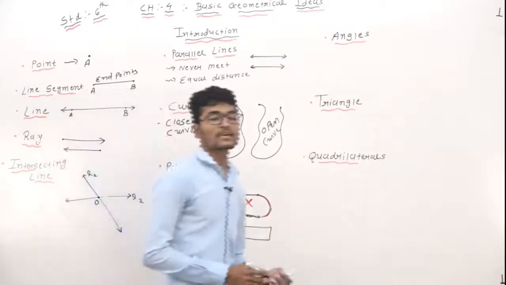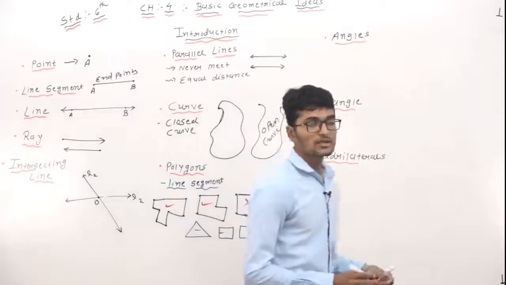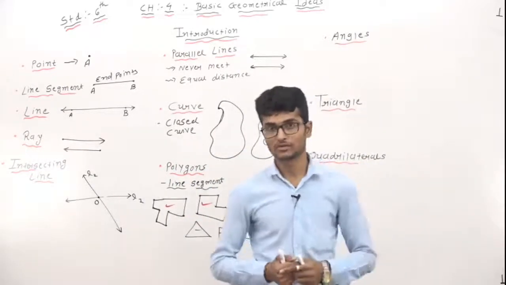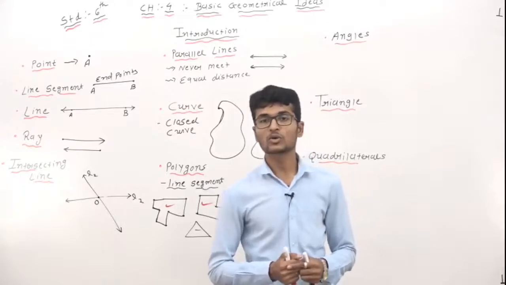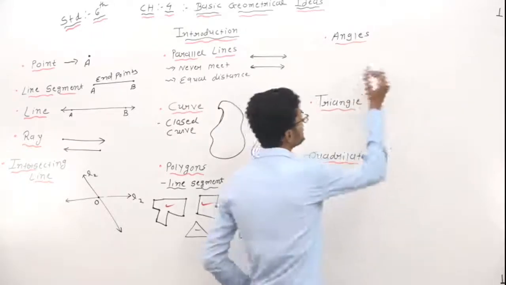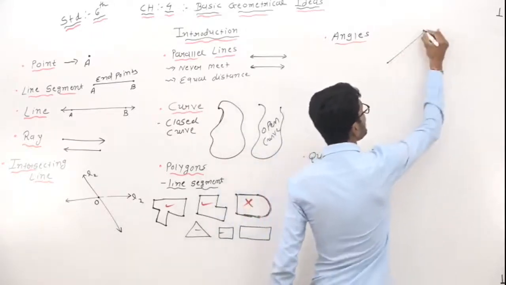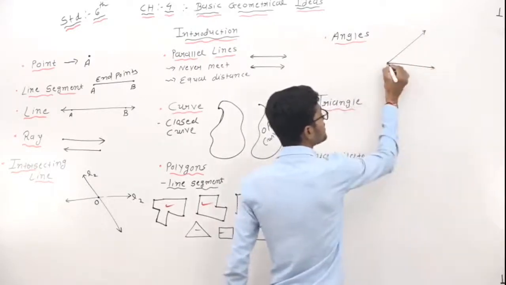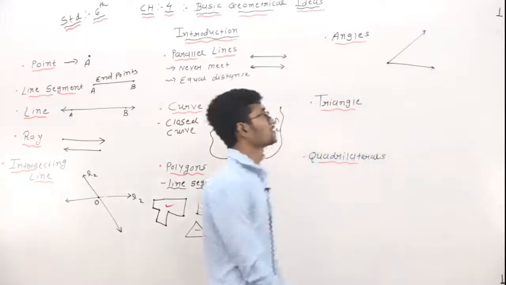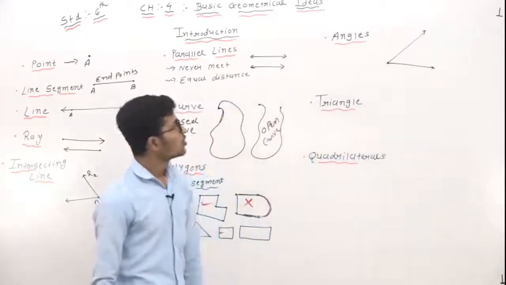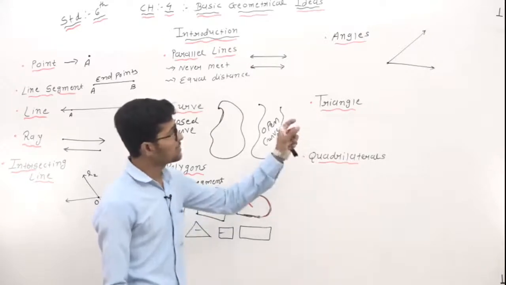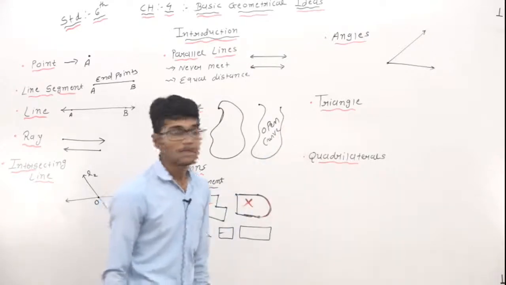Then after that, the angle. An angle means two rays intersect at one point. It's called an angle. Suppose this one is one ray. Here is the one point where they meet each other. So this type of shape is called an angle.